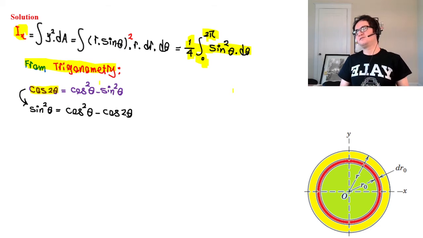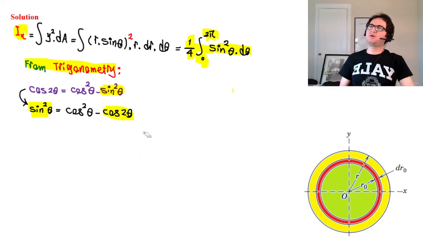If we want to know what sine squared theta is, we rewrite the equation, take it to the other side, and that's cosine squared theta minus cosine of 2 theta.